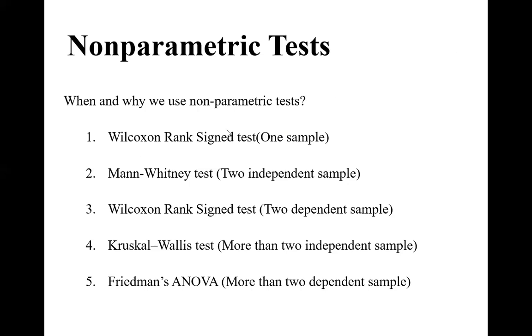The Wilcoxon signed rank test is for 1 sample. For 2 independent samples, meaning 2 mutually exclusive categories that I want to compare, I use the Mann-Whitney U test. And the third is 2 dependent samples. 2 dependent samples means the same respondent we are measuring 2 times.